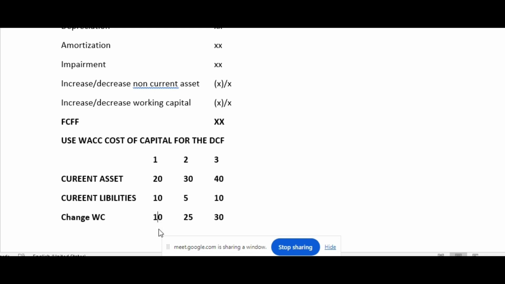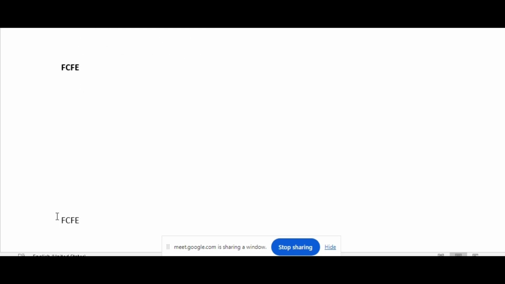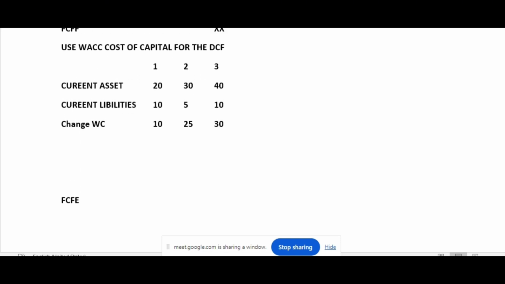So for the purpose of this class, you have just 3 years. Now, this is working capital, and the changes mean the difference, changes in working capital. Now, this will be 0.